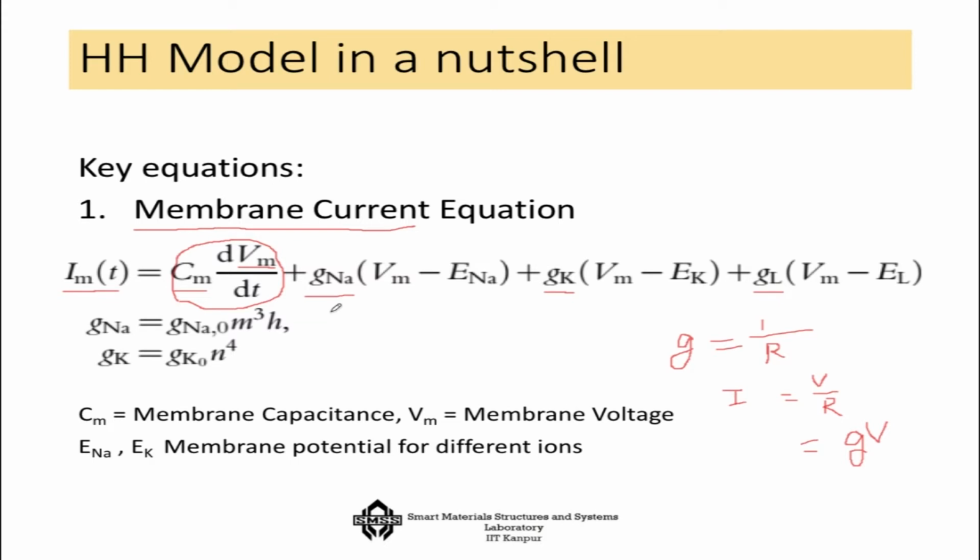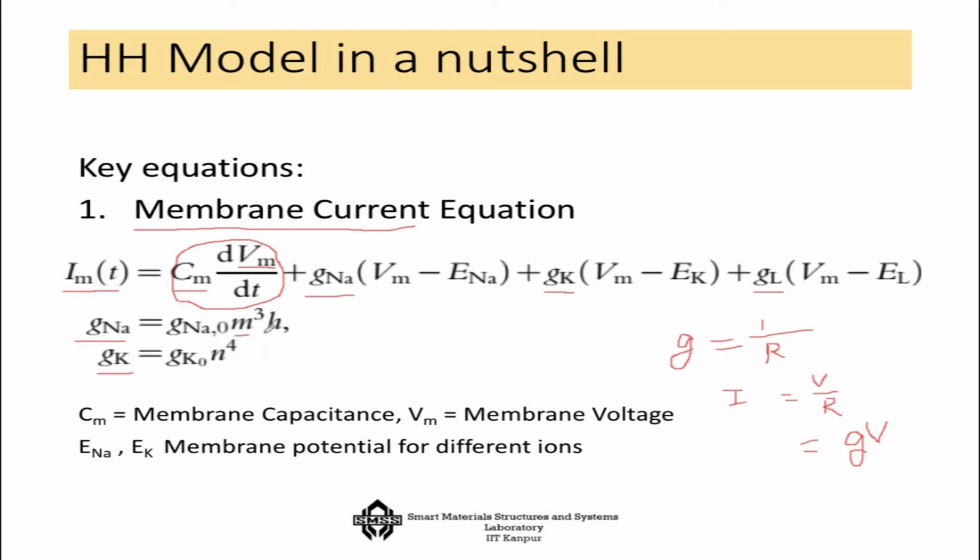Now the other important thing that I discussed in the last class is that the conductance of sodium and the conductance of potassium, it was found experimentally by Hodgkin and Huxley, vary with respect to certain gate opening, and they found that there are essentially 3 types of gates.